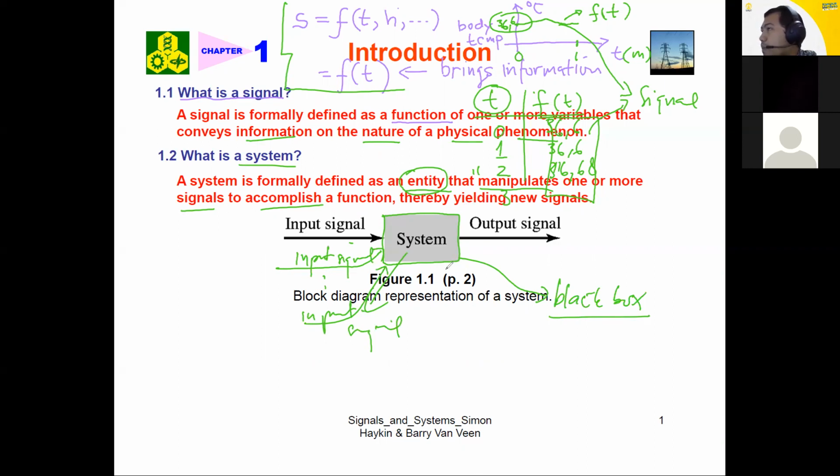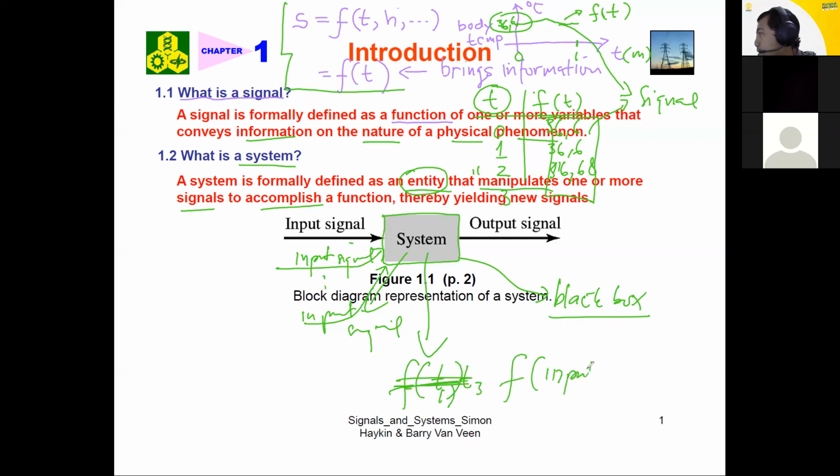Okay, to accomplish a function. So this system is also a function. For example, a function depending on one variable. This function depends on the input signal.